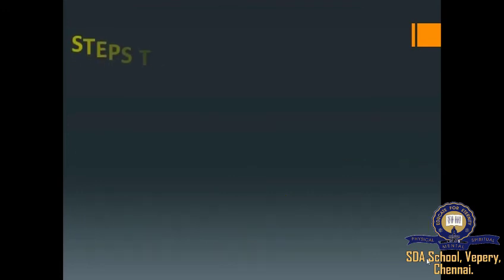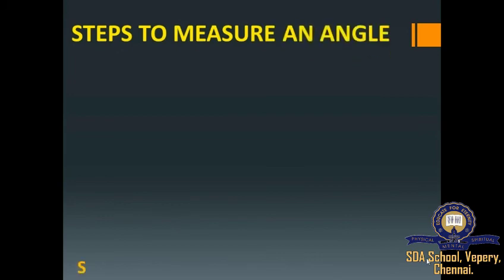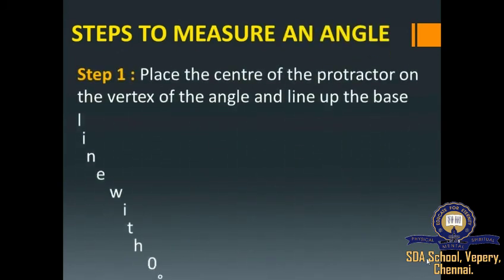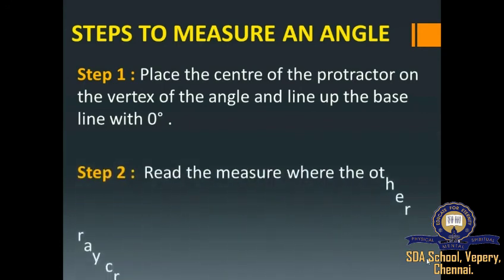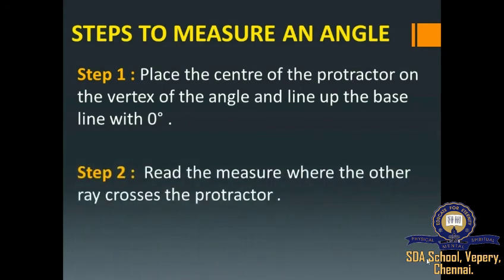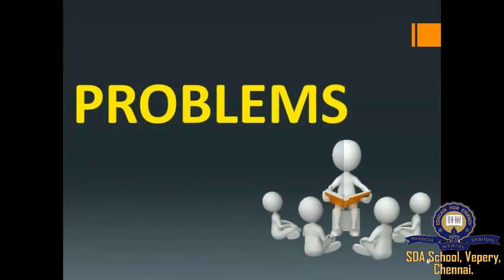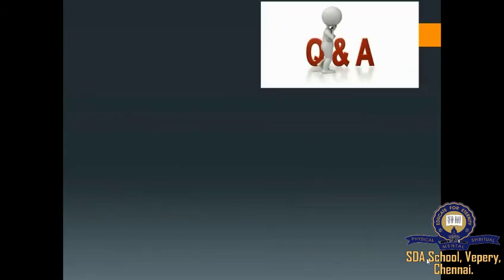Okay, and next we saw the steps to measure an angle. So step one is, you place the center of the protractor on the vertex of the angle, and you must line up the baseline with 0 degrees. Okay, and step two is, read the measure where the other ray crosses the protractor. And we looked into problems, right?